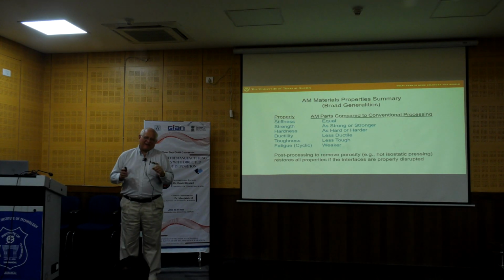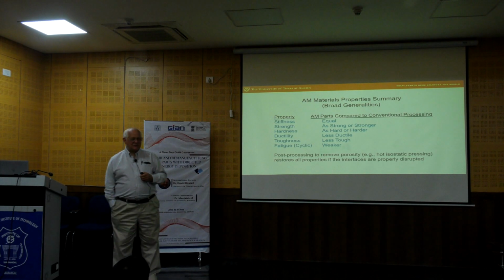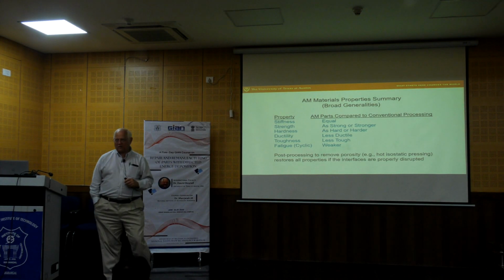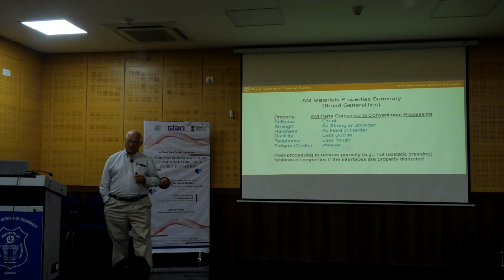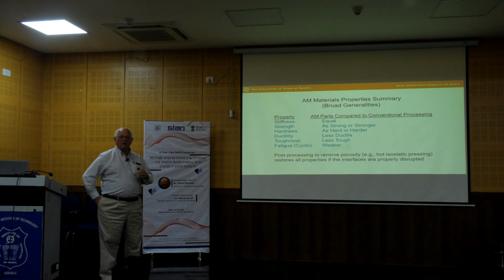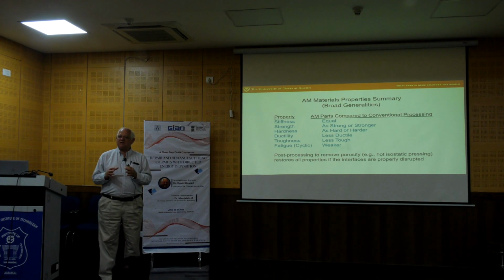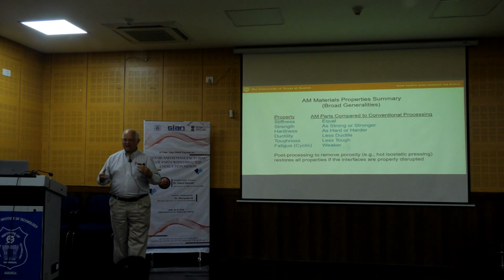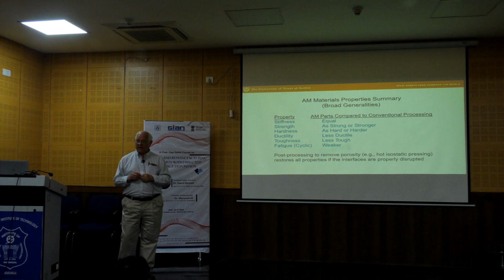Well, it turns out that's really not the case, because this list of mechanical properties is in a specific order, and the order is based on how sensitive the property is to defects, like porosity or oxides or other things that can kind of creep in with additive manufacturing.